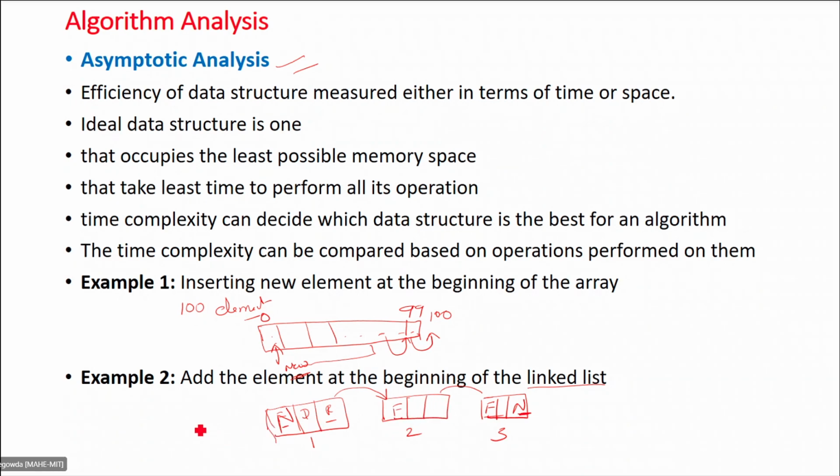Say for example, if you wanted to add the new element at the beginning of the list, you need to change the pointer value, so that in this pointer field you need to store the address of the first node. This fourth node is going to become the first node here. This pointer field becomes null, and you have the data over here.